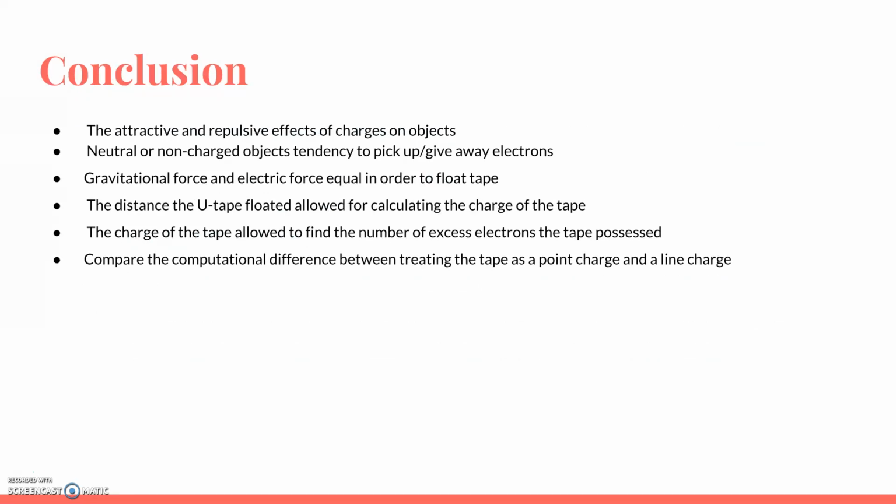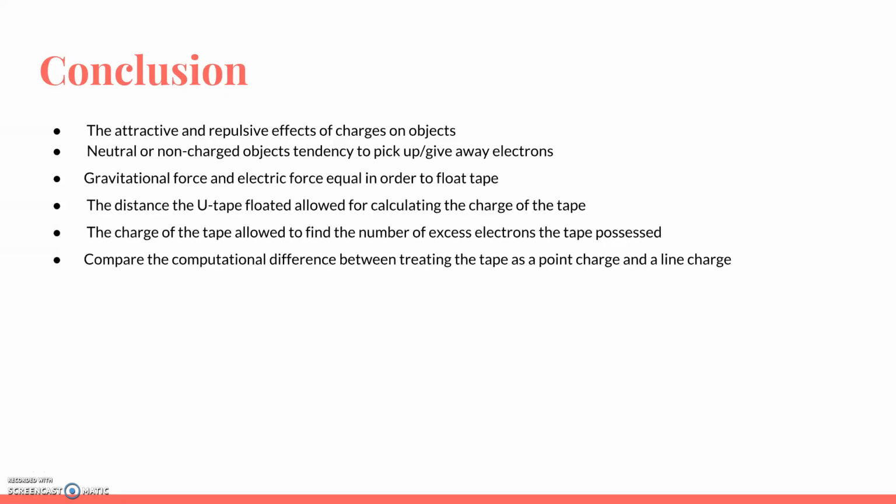And in conclusion, the attractive and repulsive effects of charged objects were seen in this lab. The neutral or non-charged object's tendency to pick up and give away electrons was seen in the clear tape. Gravity force and electrical force are equal and opposite to keep tape A, the top tape, afloat. The distance of the tape that I measured was able to show, eventually through the calculations, the number of excess electrons, as well as the charge on the tape.